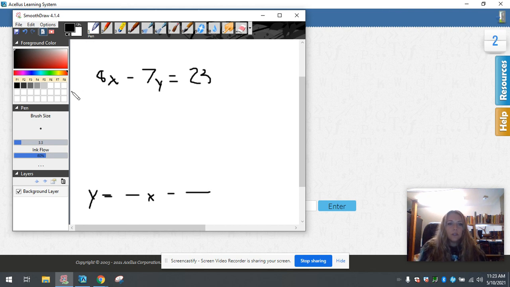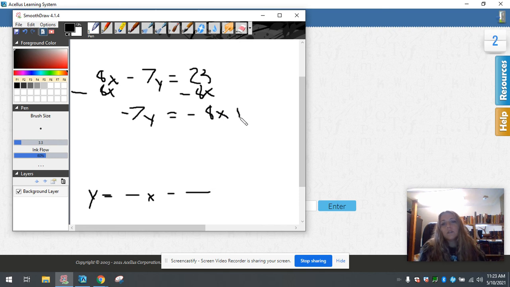So let's get rid of this 8x by subtracting 8x. Okay, and we're left with negative 7y equals negative 8x plus 23. To get the y by itself, we're going to divide by negative 7, or what I did to one side, I did to the other.